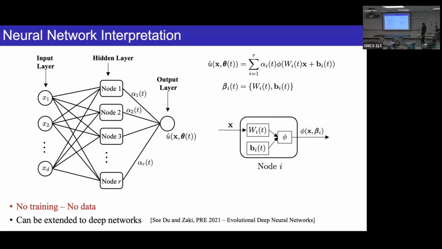The output will be this activation function applied to this expression, and then you add them up. This is the output of the ith node, but you add up the outputs of every node with an output weight alpha_i. Those are the amplitudes, the shape parameters, in the shape-morphing solution.